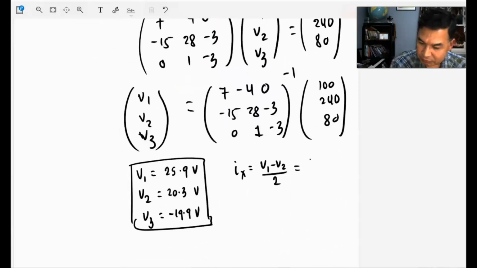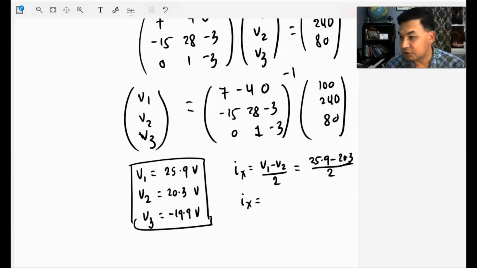So V1 is 25.9 and V2 is 20.3, divided by the 2 ohm resistance. So IX is going to be 2.8 amps.